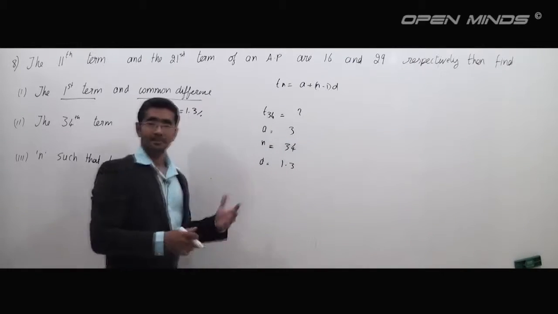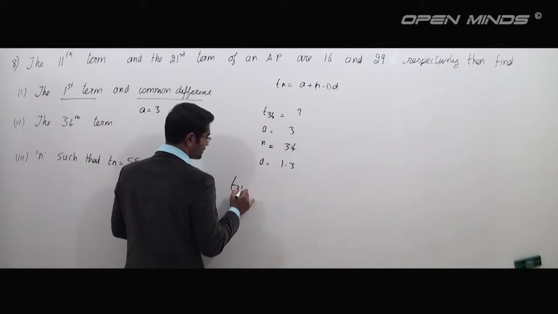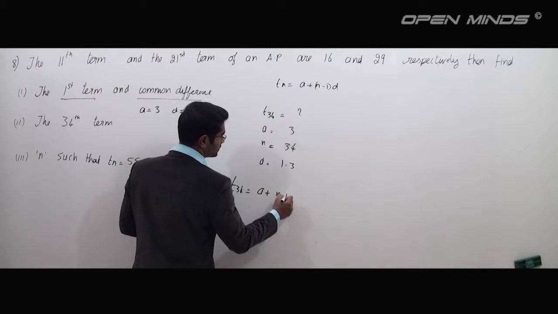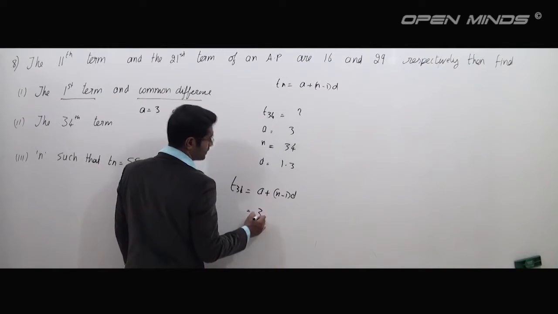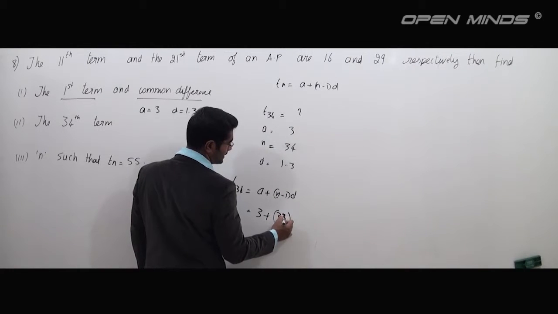So T34 is A plus (n minus 1) into D, so 3 plus 33 times 1.3.